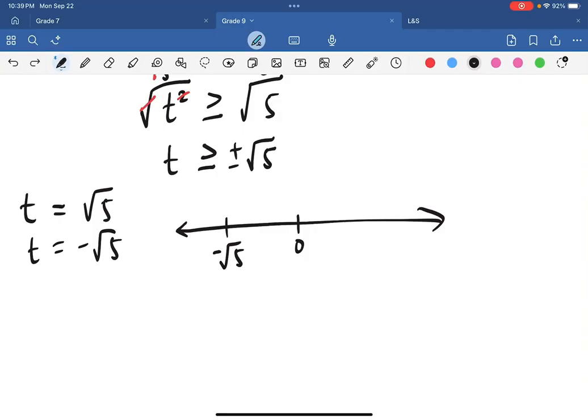right? Negative square root of 5, and we also have square root of 5. Now, approximately negative square root of 5 is negative 2.24. And for this one, we have positive 2.24.